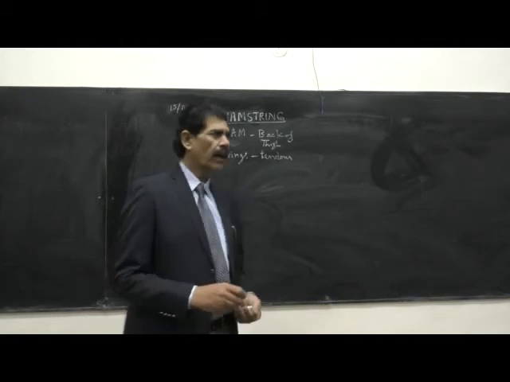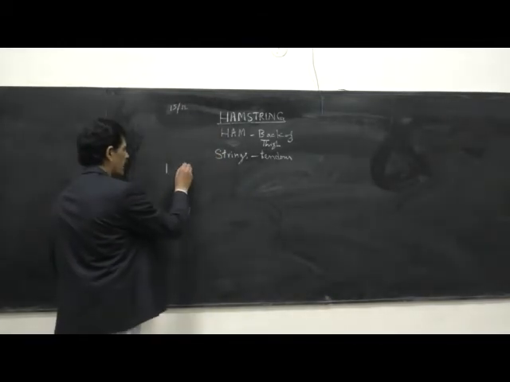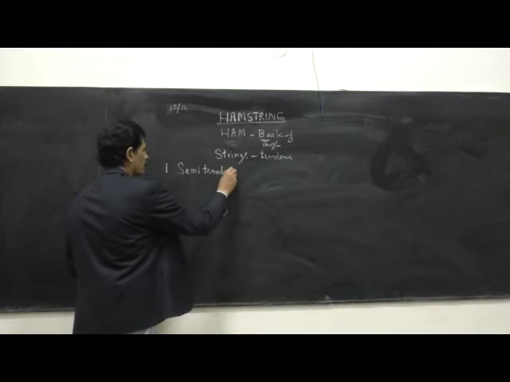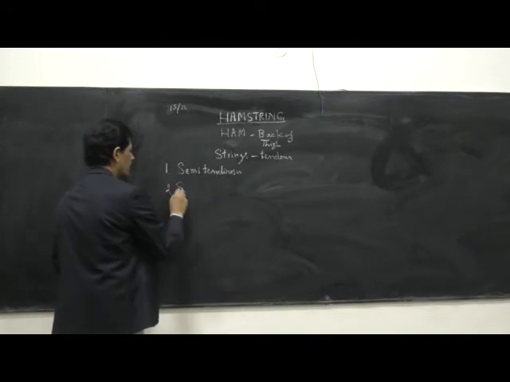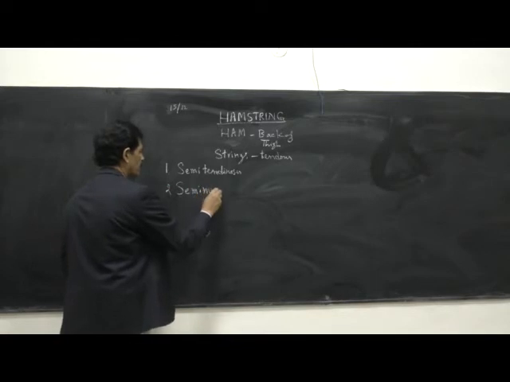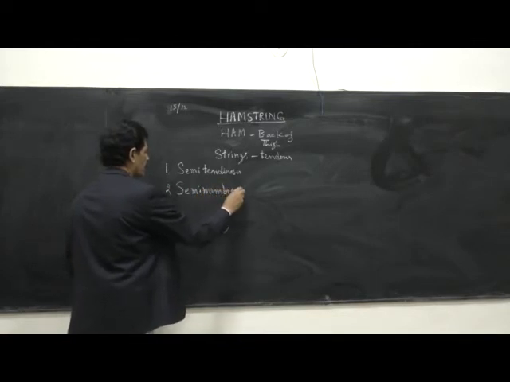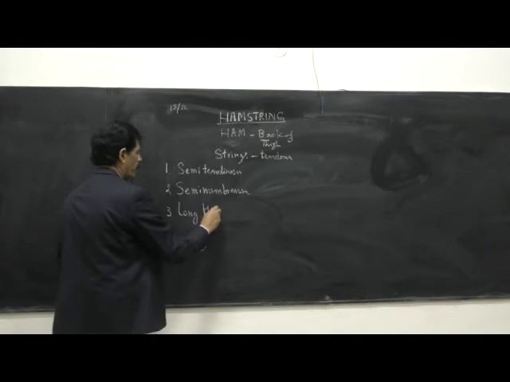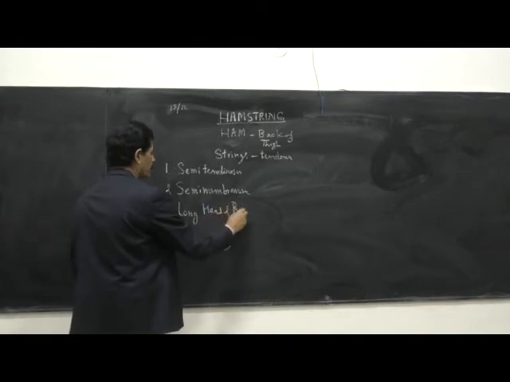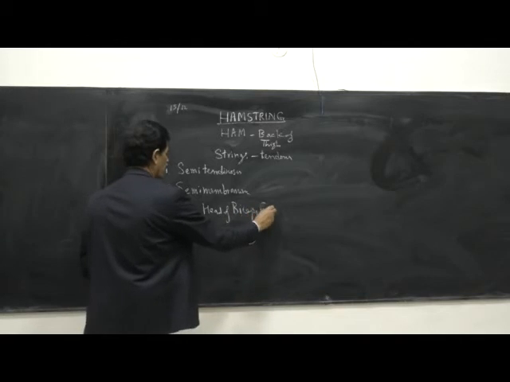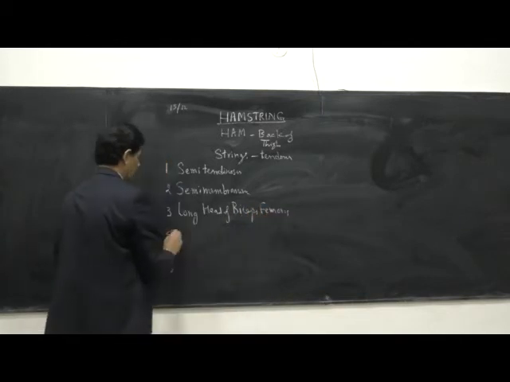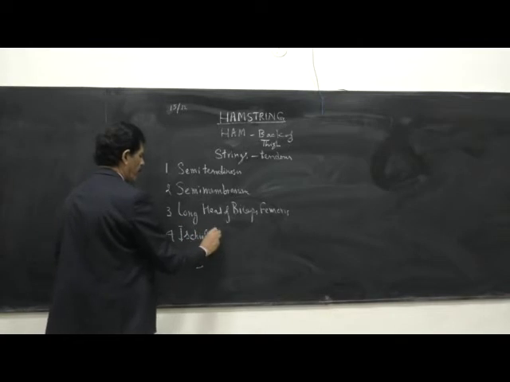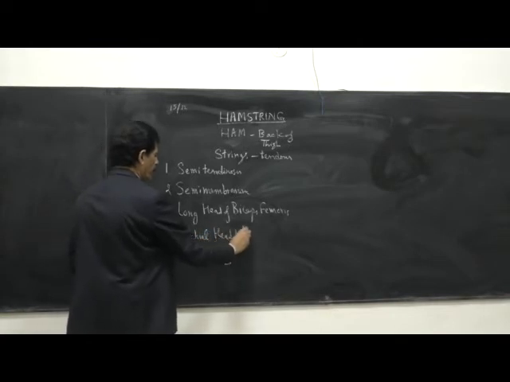Now there are 4 hamstring muscles. Names of these muscles are semitendinosus, semimembranosus, long head of biceps femoris, and the ischial head of adductor magnus.